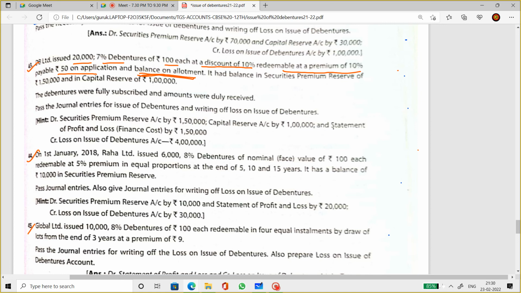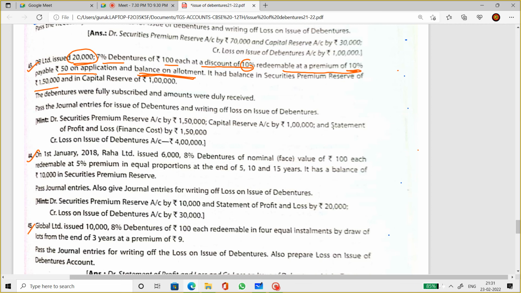So if you see what is the loss, I think the loss will be 4 lakh rupees here. 20,000 into 10 rupees, which is 2 lakh discount, 20,000 into 10 rupees premium, another 2 lakh premium. So 2 plus 2 is 4 lakh. So total discount on issue or total loss on issue is 4 lakh rupees. Now, do we have enough funds for that?